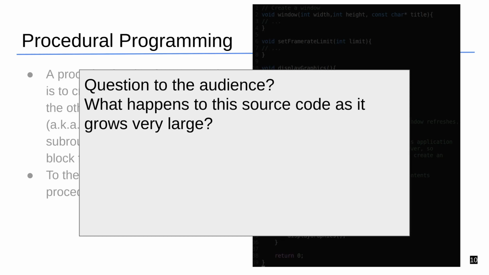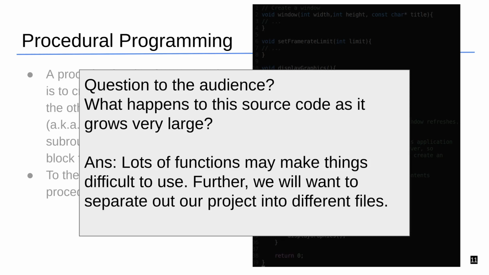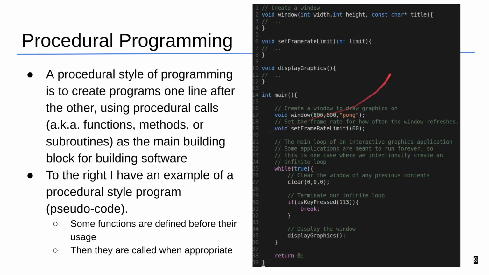And if you've paused to think about it a little bit, some of the ones that we might come up with is, there's lots of functions. You have many functions. It can be very hard to maintain this code. I'm, again, thinking about millions of lines of code.